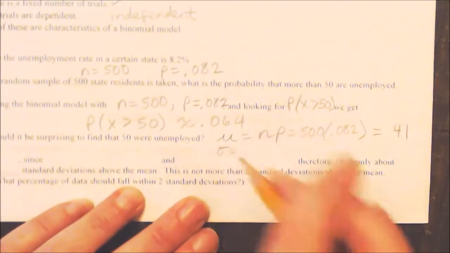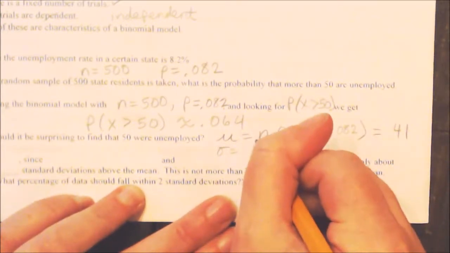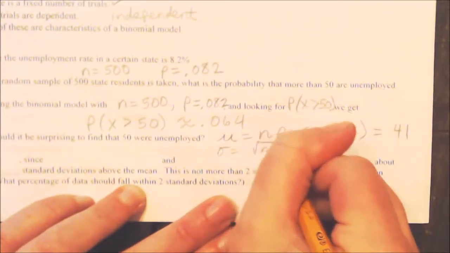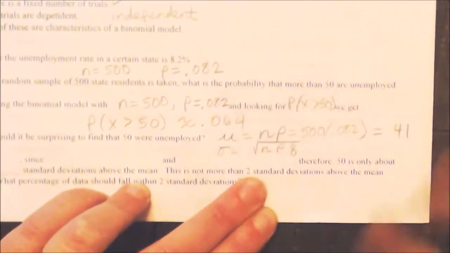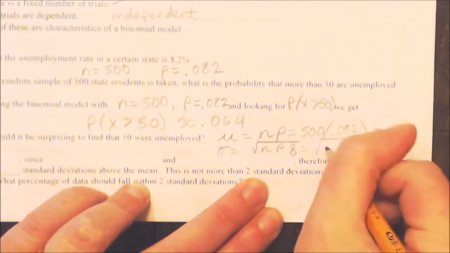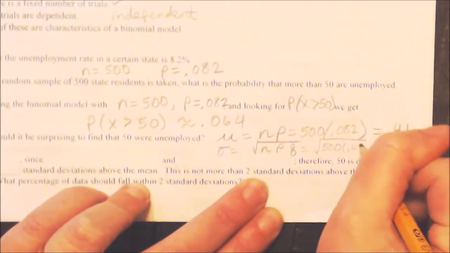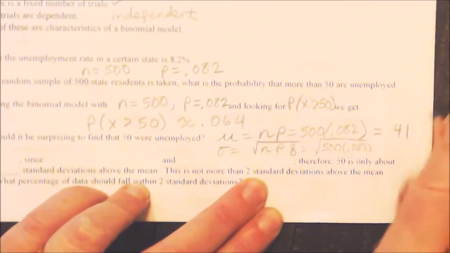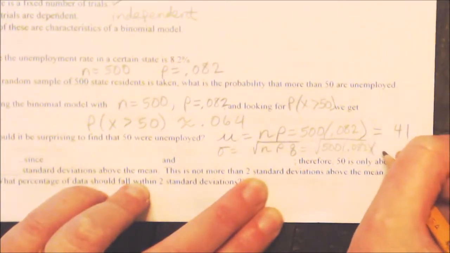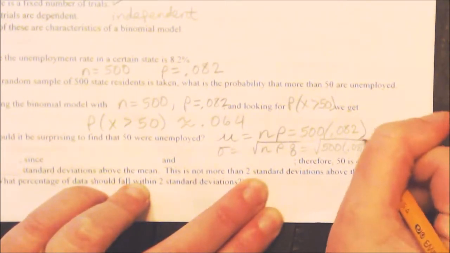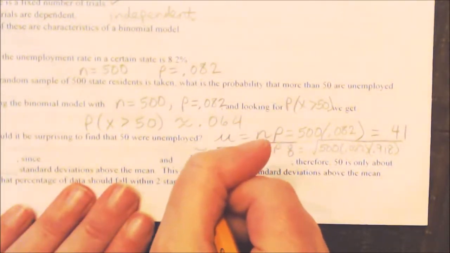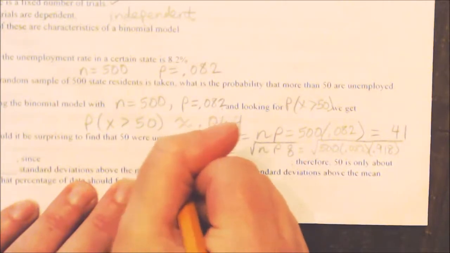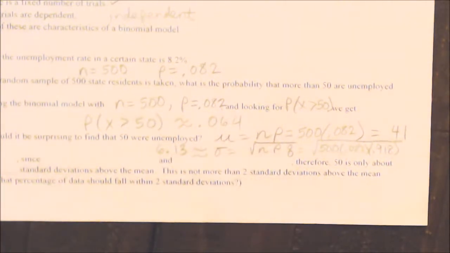The standard deviation is going to be the square root of N times P times Q. So if we fill in our numbers, that's the square root of 500 times 0.082, and then Q is the complement, 0.918. And I'm getting a standard deviation of about 6.13. So 6.13 is the standard deviation for the mean of 41.